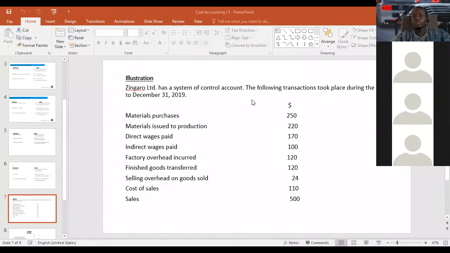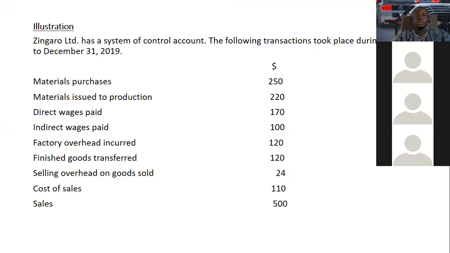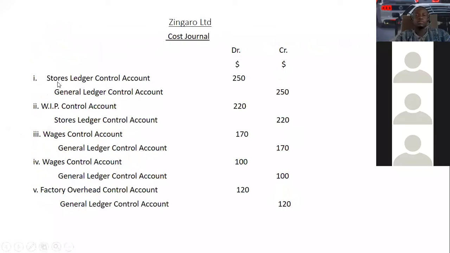We debit the store ledger control account and credit the cost ledger control account. All right, so that is what Jessica is saying. Let's cross check now. We debit store ledger control account and then credit general ledger control account, 250 each. All right. Thank you.